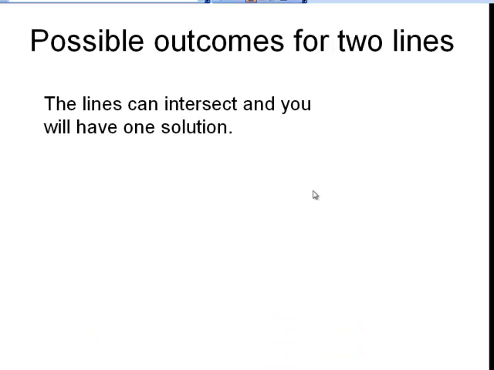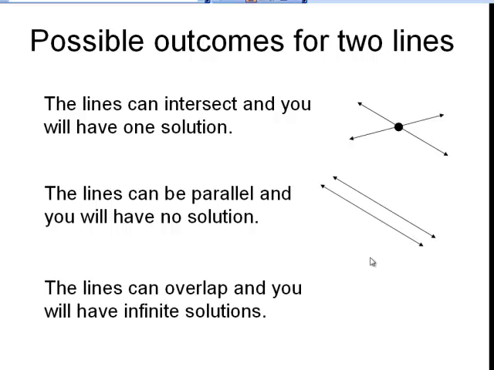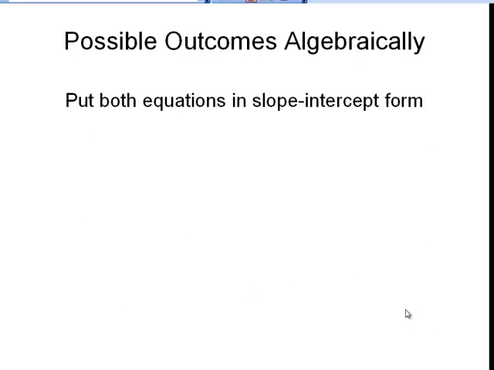Now, whenever you have two lines, they can intersect, and you can have one solution. Or they can be parallel and have no solutions. Or they can overlap and have an infinite number of solutions because they're the same everywhere.